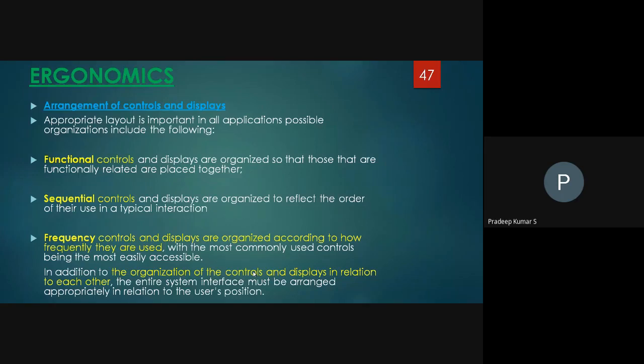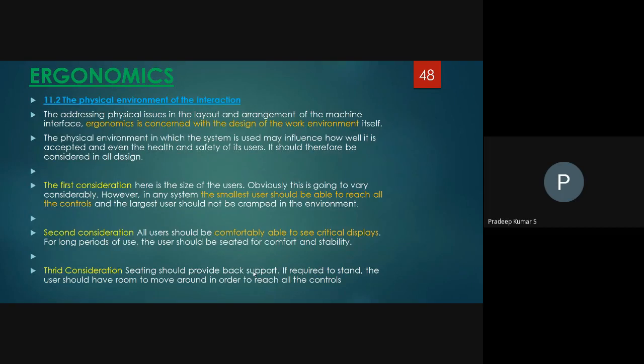So the frequency and the sequential operation, red, green, are maintained on each of the four sides. That is the arrangement of control and display. I gave a real-time example; you have to understand the concept well from it.